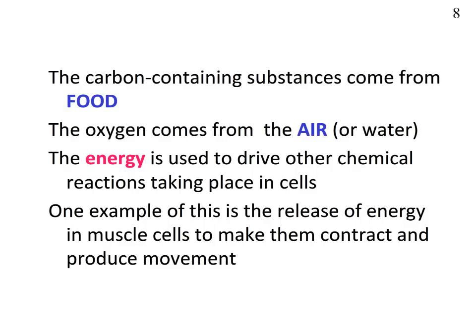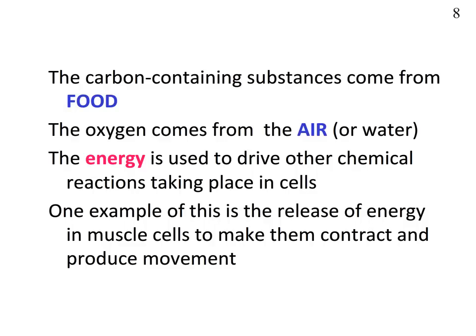Now where does this carbon come from? Food. That is the main source of carbon. Where does the oxygen come from? Air, of course. Or in the case of organisms living in water, dissolved oxygen that is found in water. Now the energy that is released from this process will be used to drive chemical reactions taking place in all our living cells.